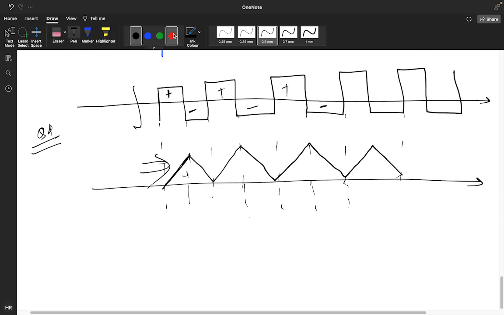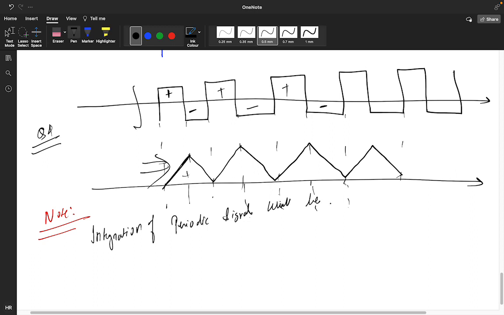So note the point. Here I am getting a periodic signal. So integration of a periodic signal will be periodic only if the average value of the signal is 0.